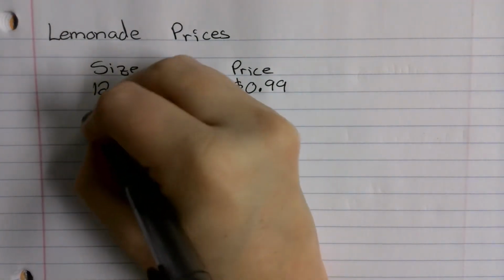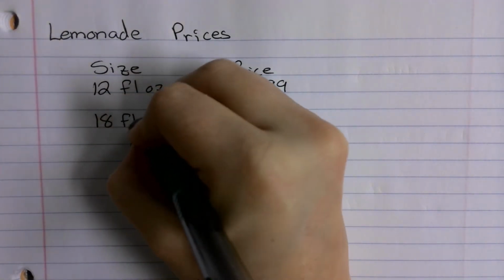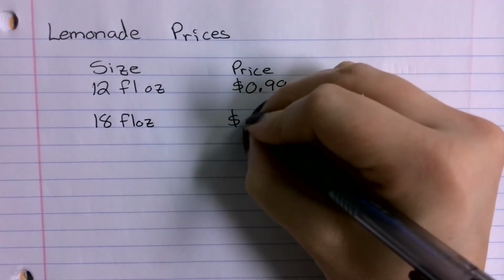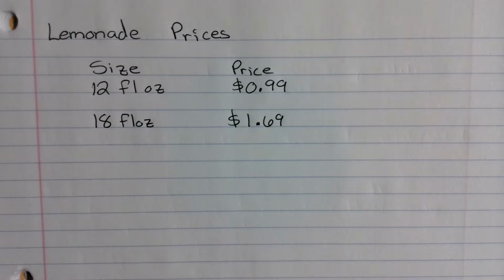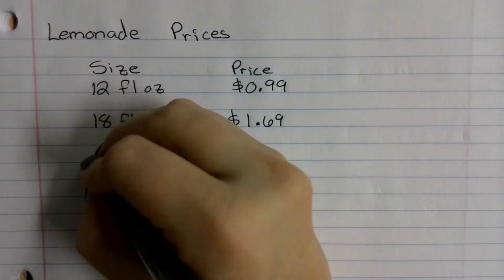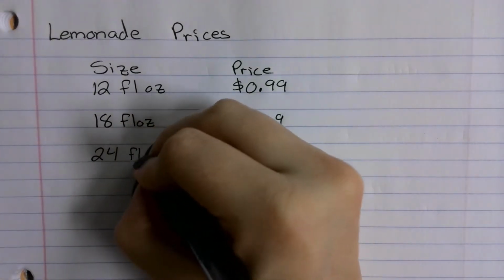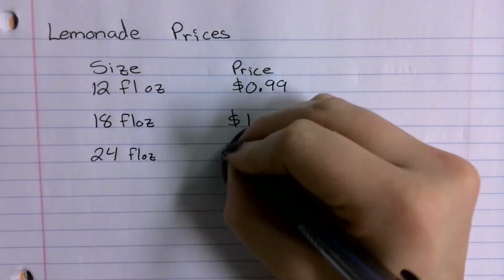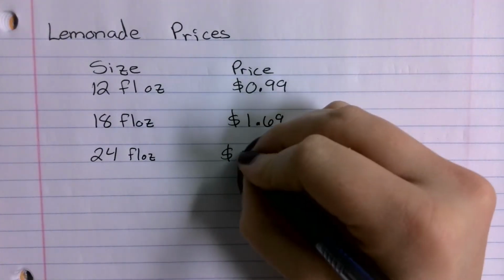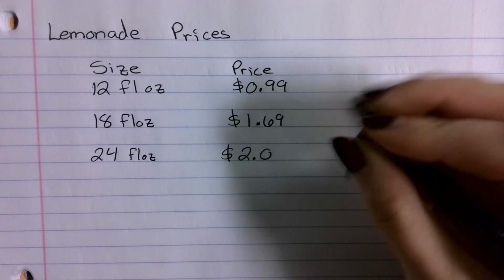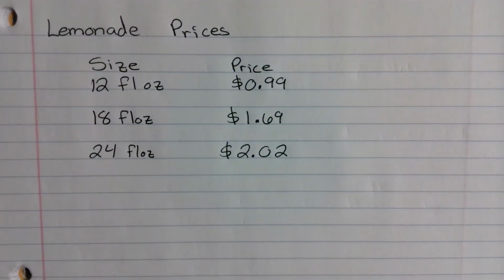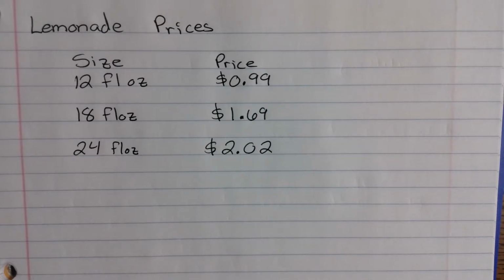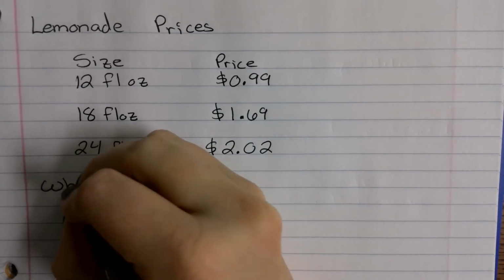And then I've got an 18 fluid ounce that's going to cost me $1.69. And then I've got a 24 fluid ounce that's going to cost me $2.02. And I want to know which one's going to be the better deal.